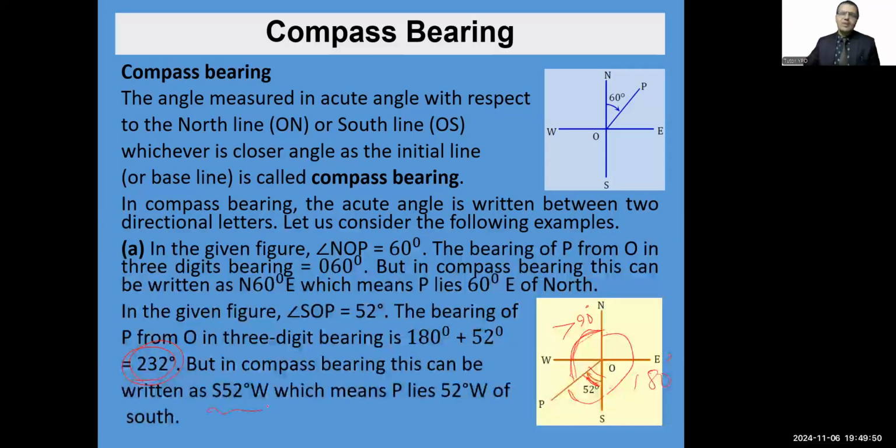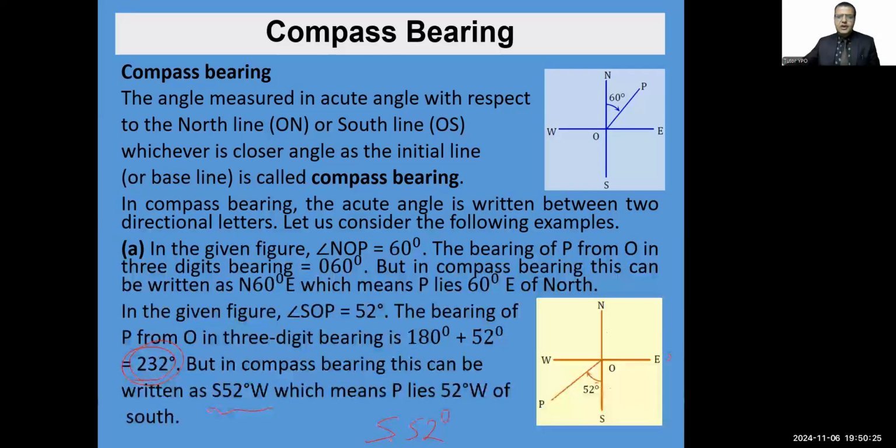What does this mean? In order to find the bearing of this point P, we have to take the south line as the initial line, because this south line makes a smaller angle with this OP. It means the south line makes an acute angle with this OP, not the north line. So we start with south, S. Then the angle between the south line and this OP is 52 degrees.